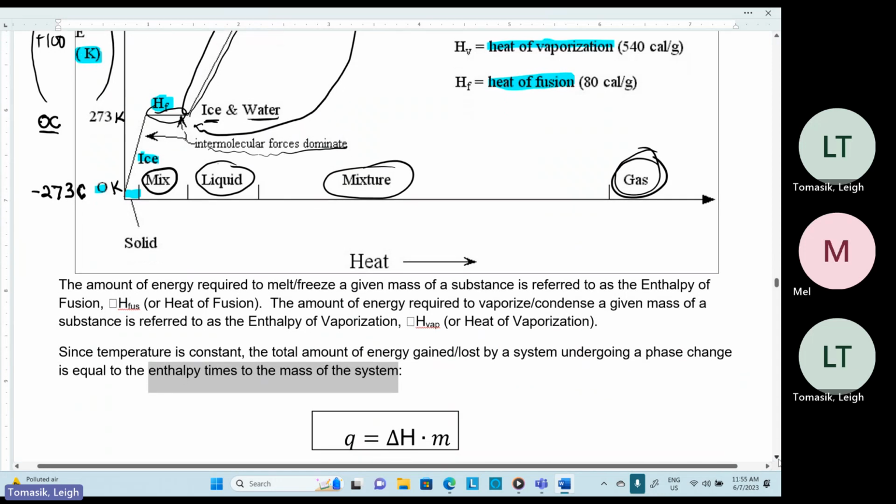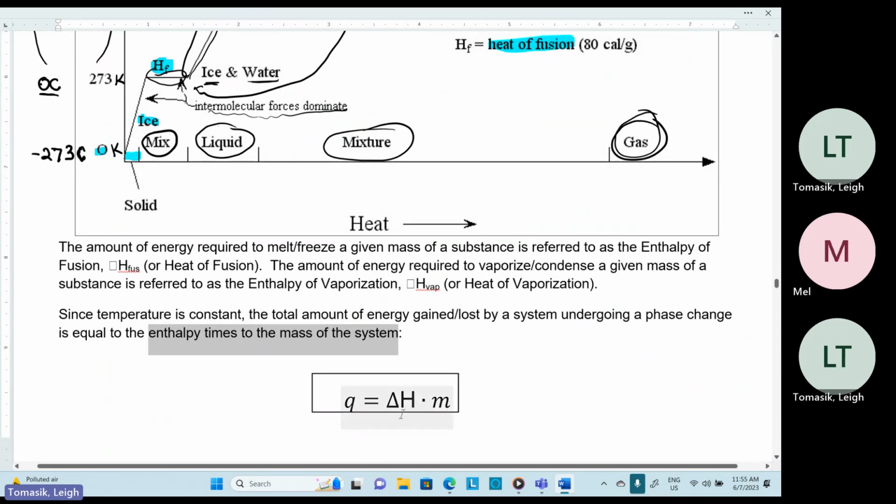So this would be the specific enthalpy, so the specific latent heat of fusion or the specific latent heat of vaporization. There is, of course, a molar equivalent as well, but those would be different numbers.